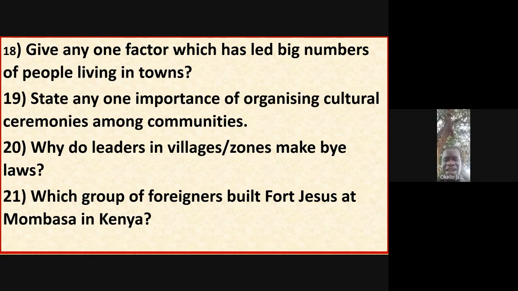I advise you that the word chairperson is very important. You say local council 5 chairperson, or you say local council 5 chairman. Don't leave that word chairperson or chairman out of your answer. When you talk of only local council 5, we should understand that in a district we also have LC5 councillors.